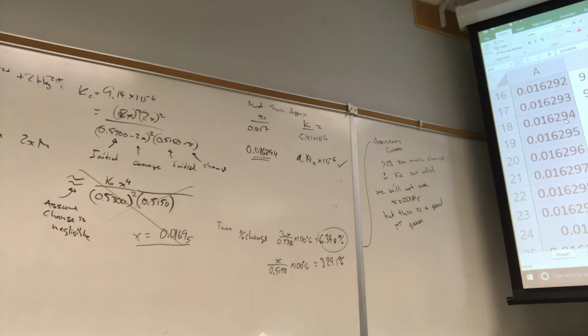Do you know why I carry extra digits here? It's important to carry extra digits when you calculate equilibrium concentration. And so this is the stoichiometry of the reaction. So a little bit of reaction takes place.